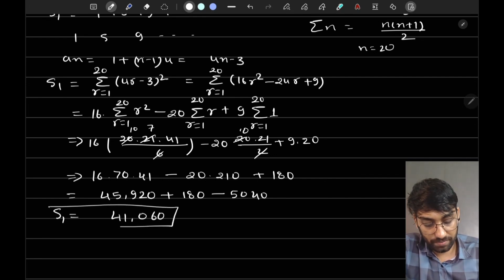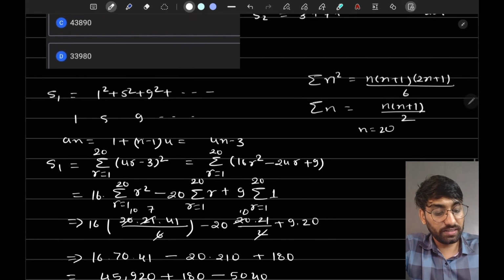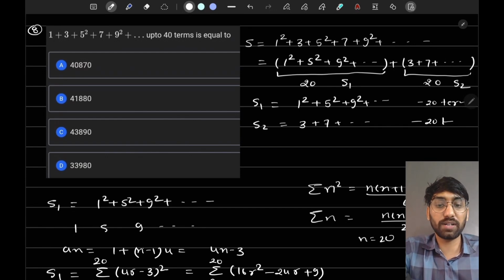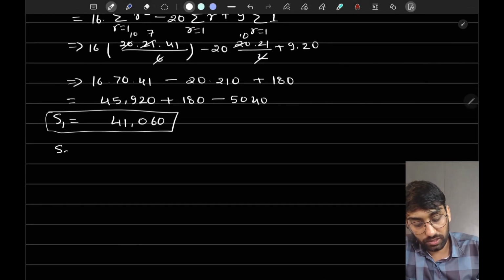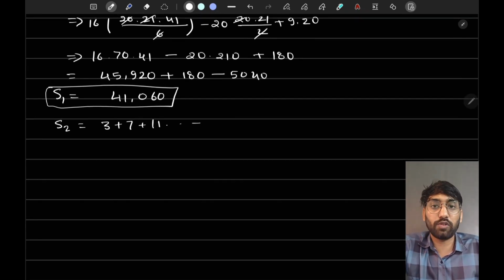Now S1 I have, I just want S2. And S2 is 3, 7, 11 and so on, and this is nothing but an arithmetic progression. So S2 is 3 plus 7 plus 11 and so on till 20 terms. This is an arithmetic progression whose first term is 3 and common difference is 4.